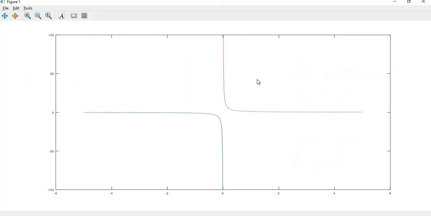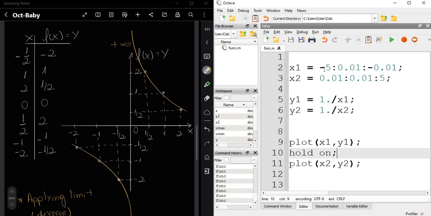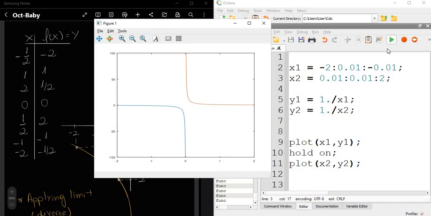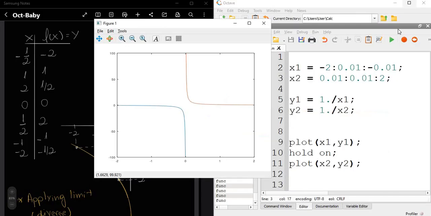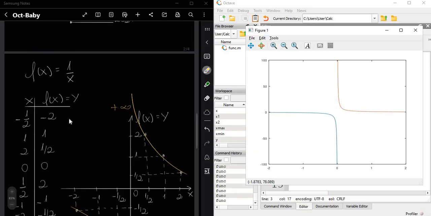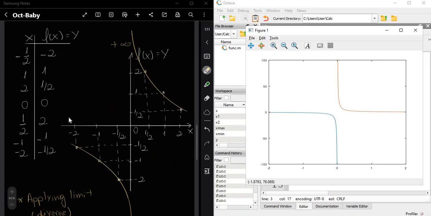Exactly. And let me just try this. Okay. And this is how we can plot this function, f of x equals 1 over x.